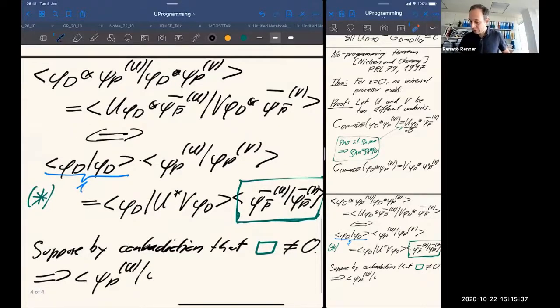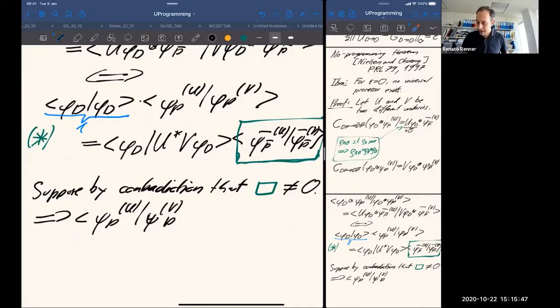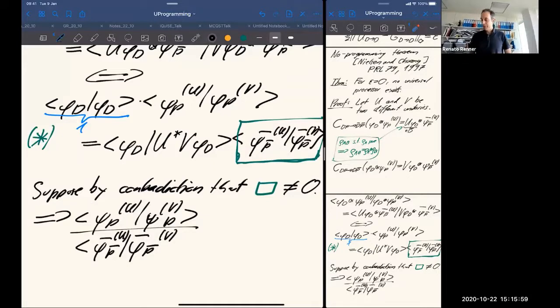It's psi v p, and now I divide it by the green stuff. So I have here psi bar p bar that depends on u, and psi bar p bar that depends on v, like this.